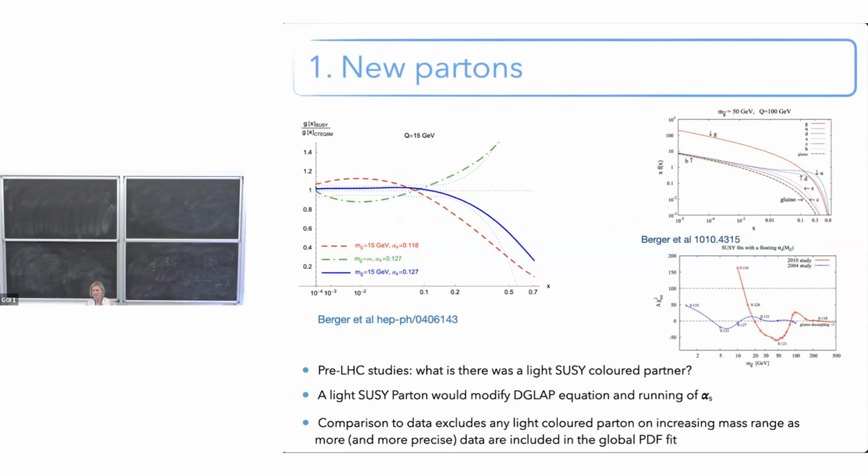Because if you have colored states, they would also modify alpha S. This was used to give some bounds, and the comparison in this very nice paper excluded any light colored partons even before not observing them. So it was higher than LEP limits at the time.